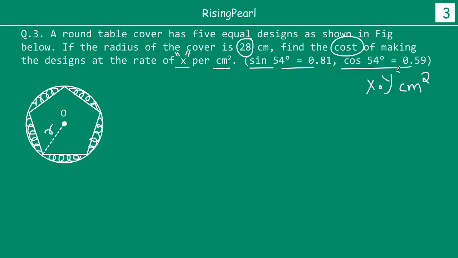So we have to actually find the value of Y, which is how much is the area of these designs. So now that we have understood that, this can be thought about as the area of the entire round table cover.